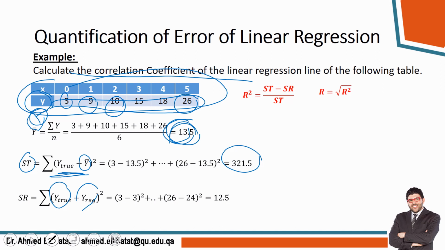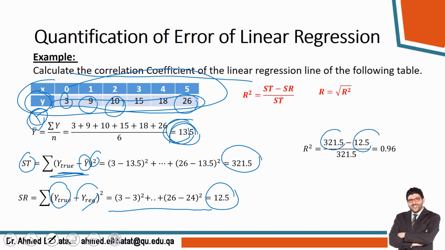It doesn't affect the result, because we have squared, and the square removes the negative if there is one. So again we have y true minus y regression squared, and the summation of them will be 12.5. Then R squared will be ST minus SR over ST, so it will be 0.96, and then the root will be 0.98.